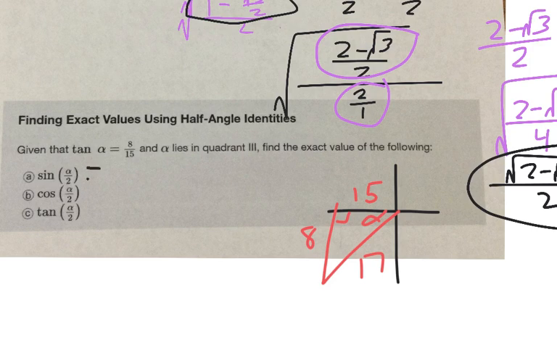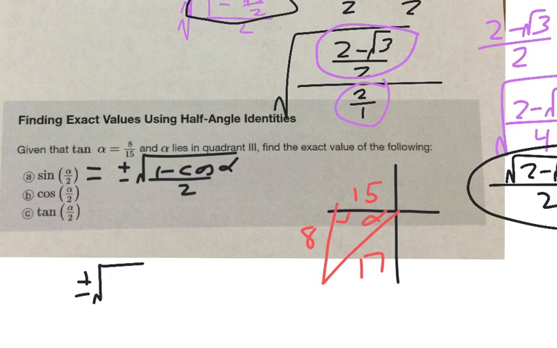So to find sine of alpha over 2, we're going to have plus or minus the square root of 1 minus cosine of alpha over 2. I'm going to leave the plus or minus for now because I'm a little confused.